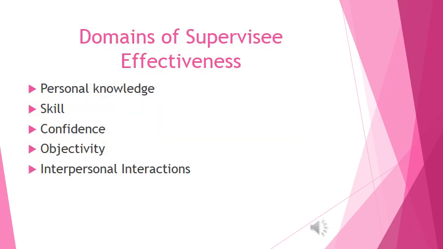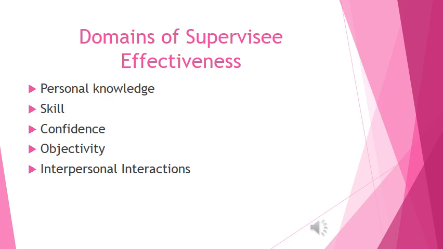The definition of supervision identifies the specific domains that facilitate supervisee effectiveness. Those are professional knowledge, skill, confidence, objectivity, and interpersonal interactions. Without the positive presence of all of these domains or characteristics, supervisees will not be maximally effective in their professional roles.